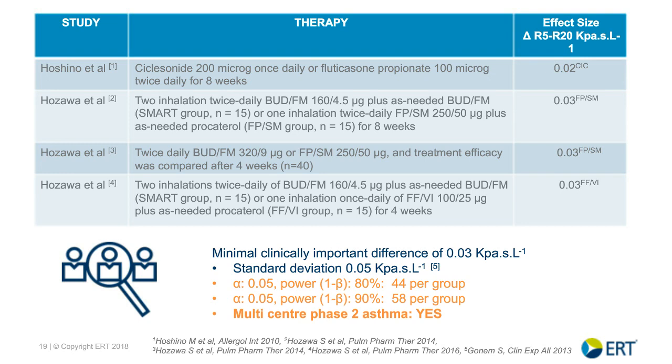Standard deviation of that effect, based upon data from our own moderate to severe asthma cohorts, is about 0.05 kPa second litre to -1.